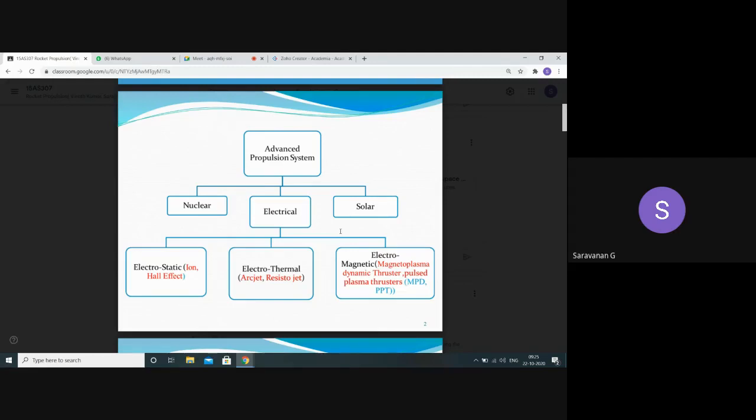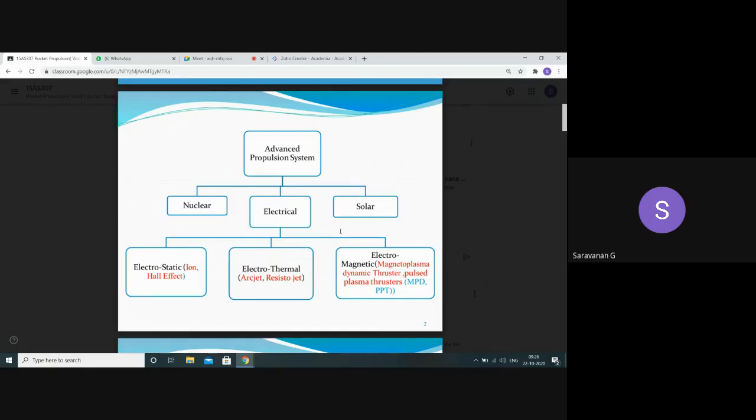Coming to the topic of advanced systems, not the normal traditional sources like chemical propellant, chemical energy, here we are using different sources of energy readily available in nature. This is the concept called advanced propulsion systems. It is broadly classified into three categories. The first is based on electricity, called the electrical propulsion system.